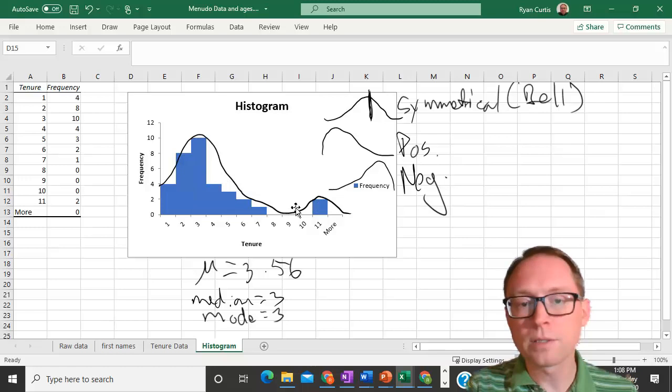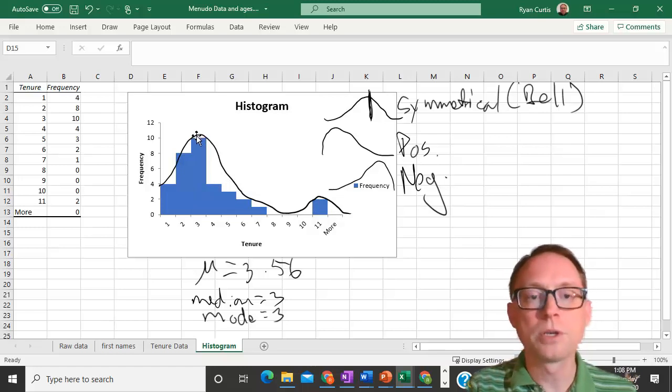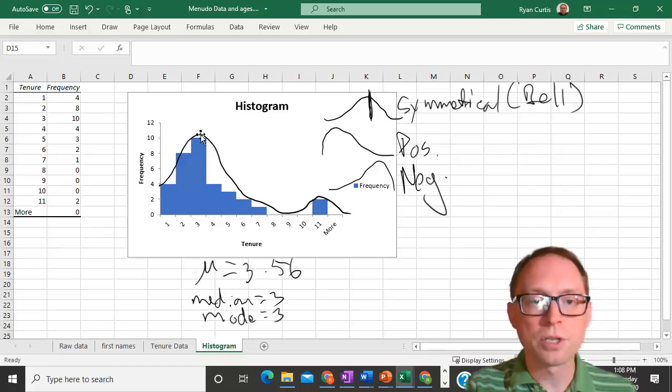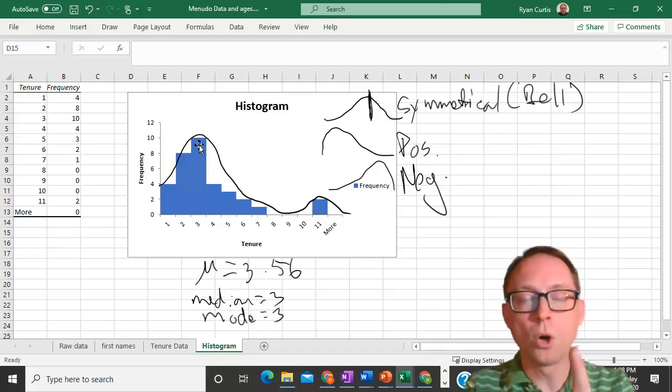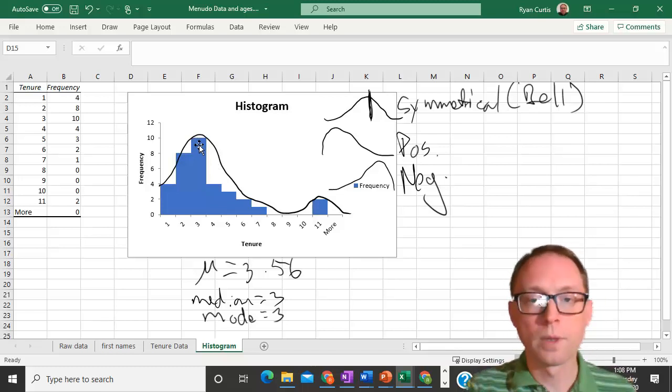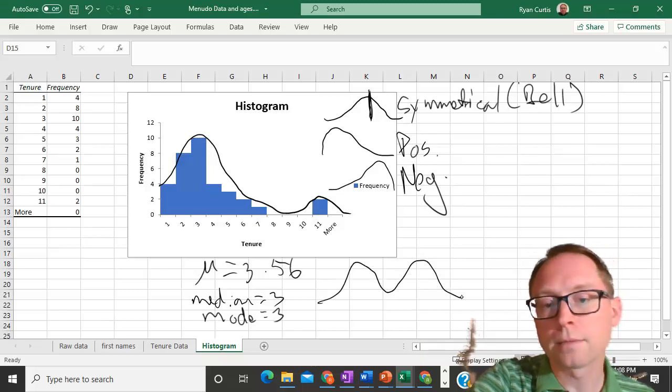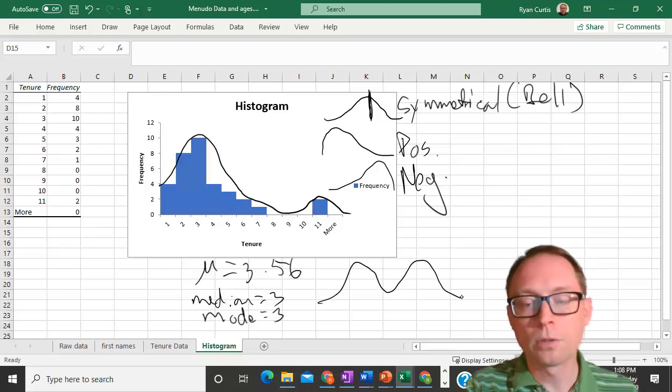Now, some people would say, oh, you've got this other bump over here. But let's think about how many modes we've got going on in the distribution. There's clearly one big peak over here, which means there's one mode, unimodal. Bimodal looks like that. That would be a bimodal distribution.